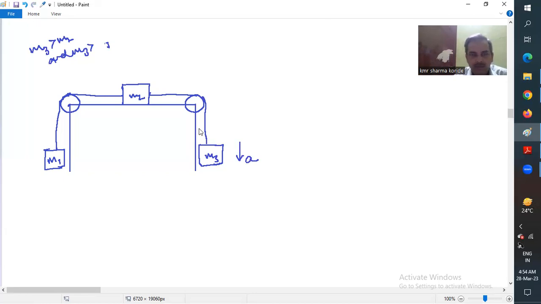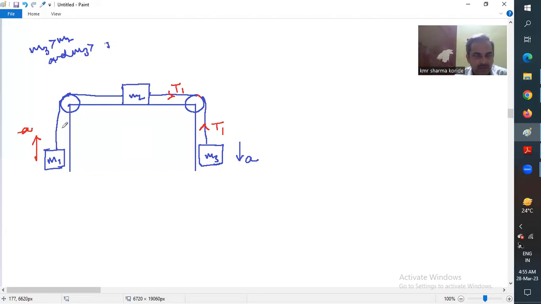Suppose this is the first string, you call it T1, connecting M2 and M3. T1 opposes the motion of M3, but T1 favors the motion of M2. So when M3 is coming down with acceleration, M1 will go up with acceleration.